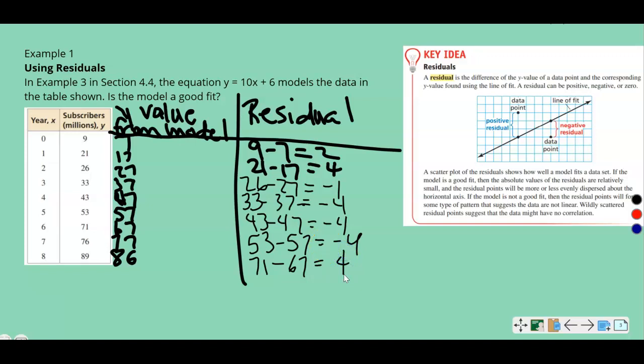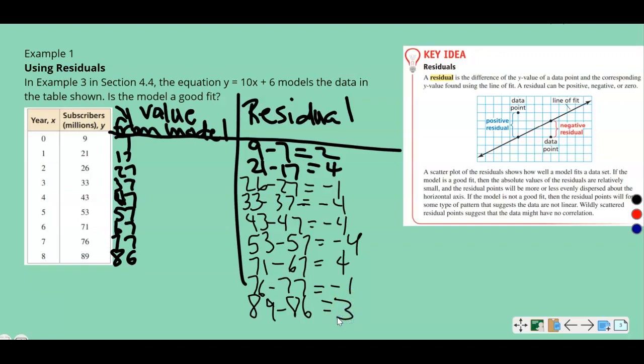And then 76 minus 77, -1. 89 minus 86 would be +3.